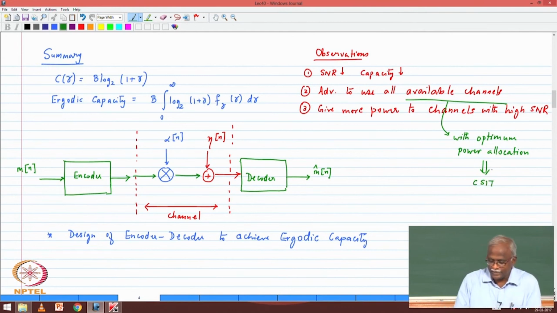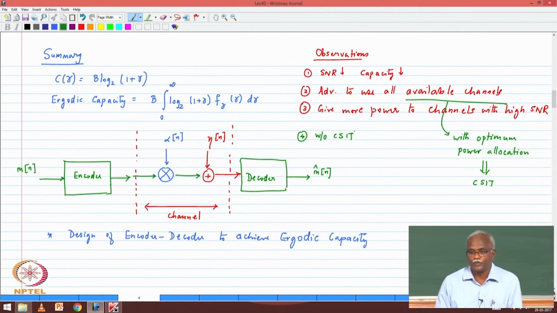Okay, if you have CSIT, then you can use more channels and you can also use the optimum power allocation. And of course, the intuition is to give more power to the channels with the higher SNR and therefore get the maximum out of it. Now, without CSIT, what's the best that we could do? What is the best that we could do?